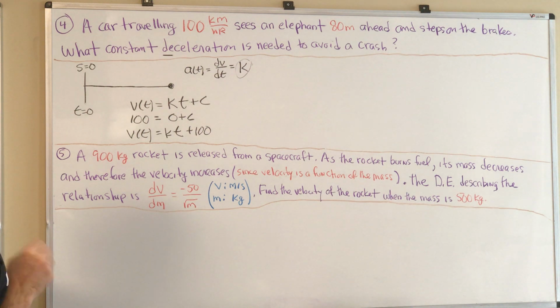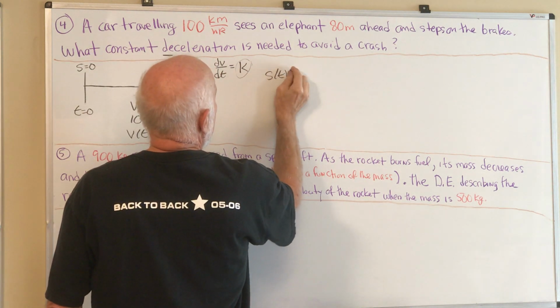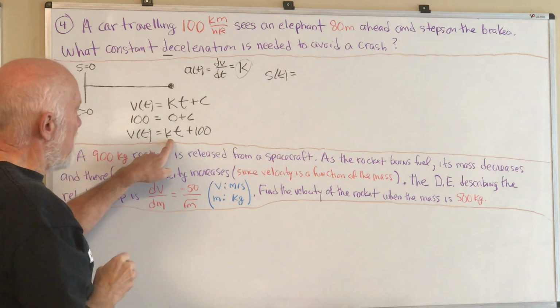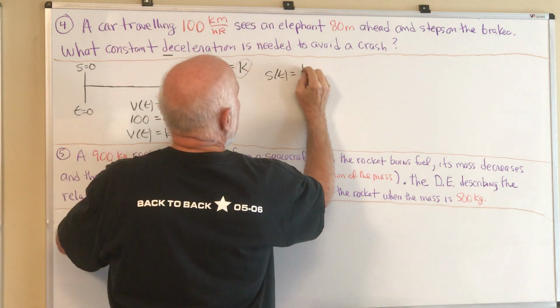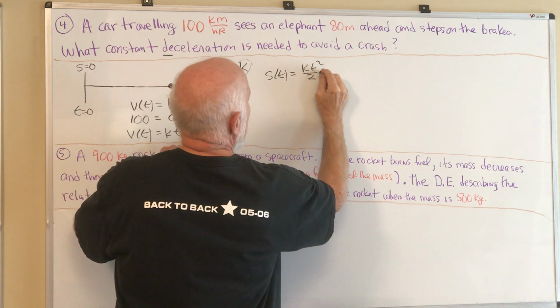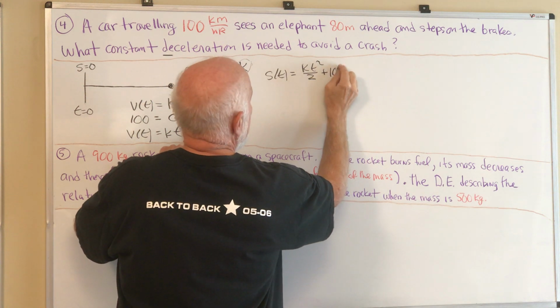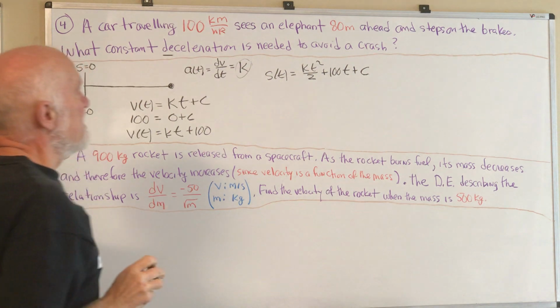Now, what's the position equation? We work backwards from here, and we get kt squared over 2 plus 100t plus c.